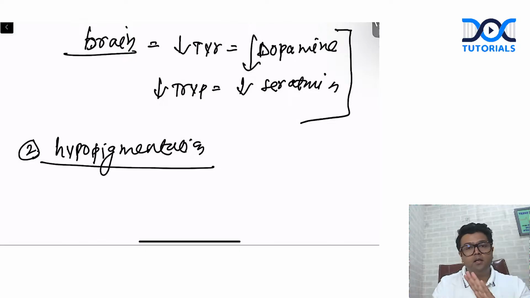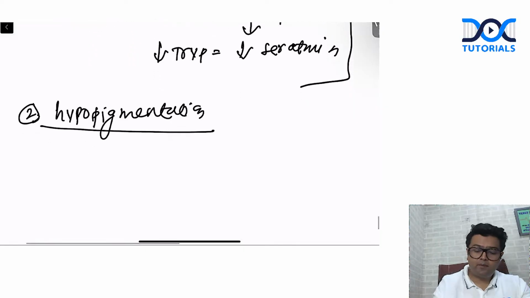In albinism, most of the time it is OCA, oculocutaneous albinism, where there is complete absence of melanin, right? So the patient looks totally white. Okay. So in this case, it is hypopigmentation, an excessively fair child. It's not the same, guys. Okay. So in the hypopigmentation, why is that happening?